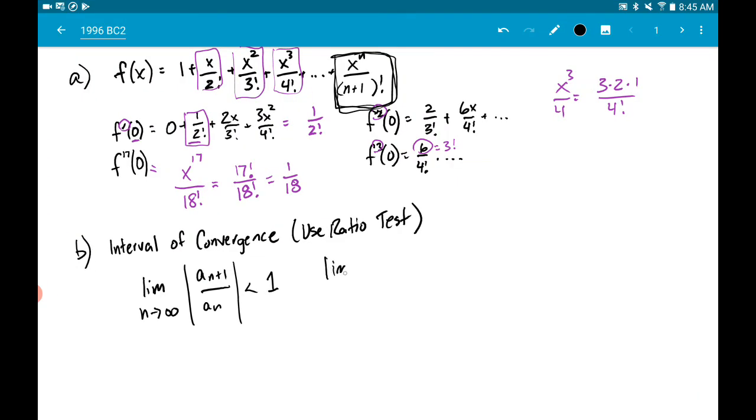So if I do the limit as n approaches infinity of x to the n plus 1, so this is my n plus 1th term, it will be n plus 1 factorial. And then the nth term is just how it appears in the initial question. So you might have to do the ratio test this year, but it would probably be without x's.